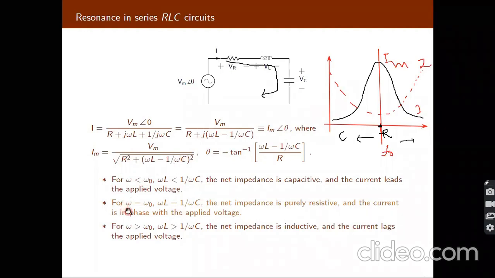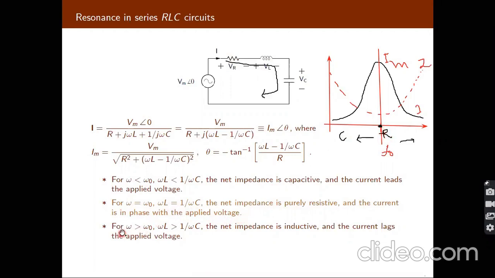Next, at omega equals omega naught, omega L equals 1 by omega C. So the net impedance is purely resistive. Here these two get cancelled and we have only the resistive element R. So the circuit is acting as a resistive circuit, and in a resistor the current is in phase with the applied voltage. So this is at resonance.